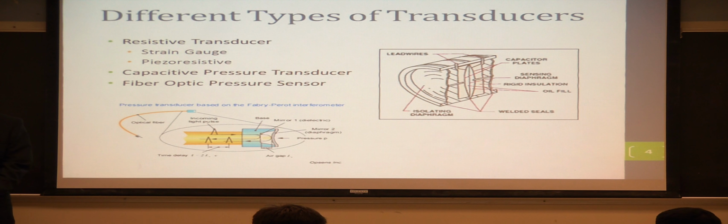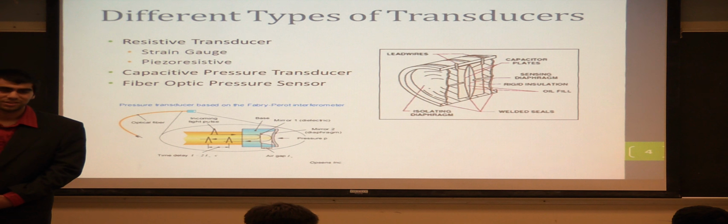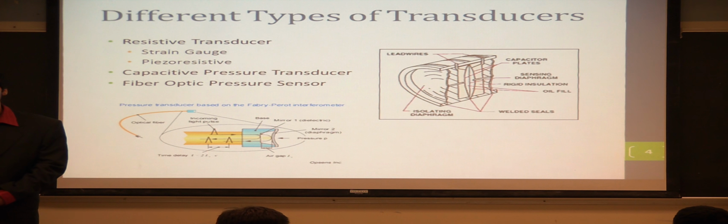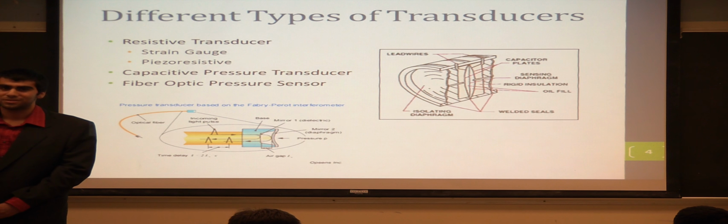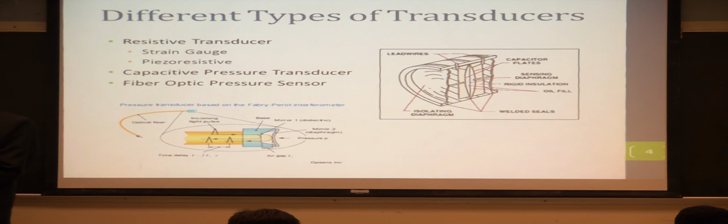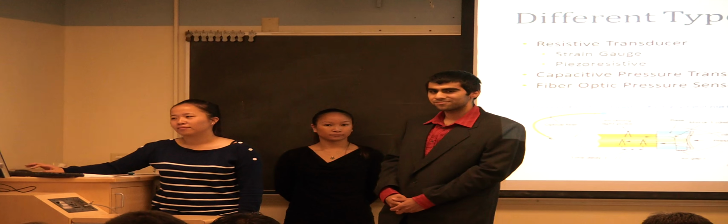And in capacitive pressure transducers, a capacitor is in line with the diaphragm, and when strain is applied, the distance between the plates is changed, which changes the capacitance of the capacitor, which can be seen as a change in voltage. Now, Kelly will go on to describe the resistive pressure transducer and piezoresistive transducer.